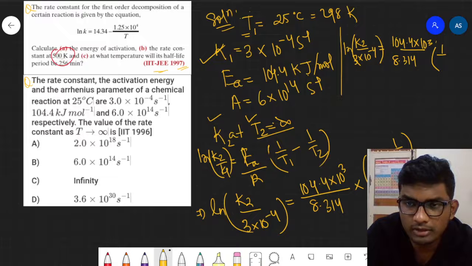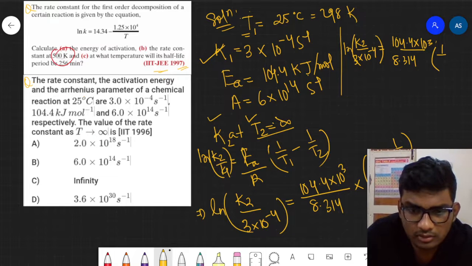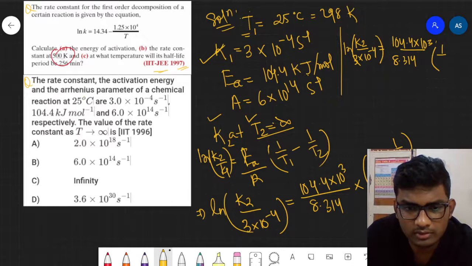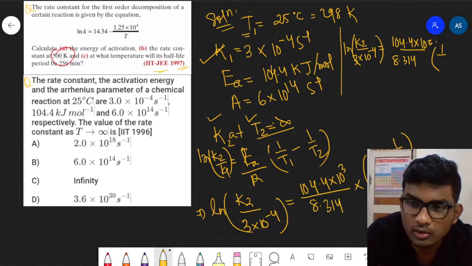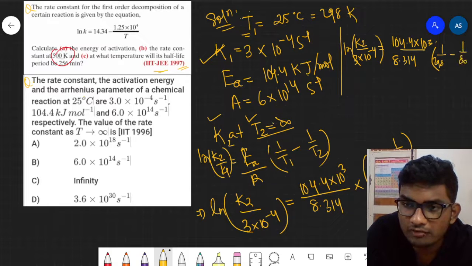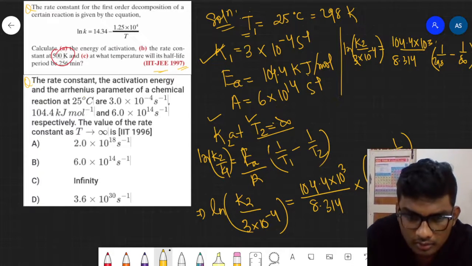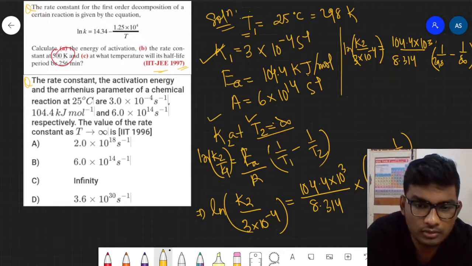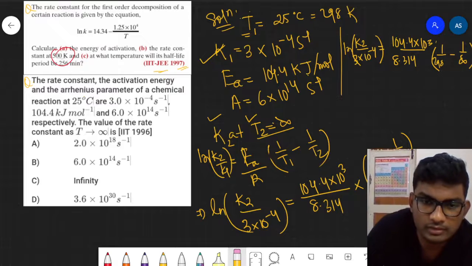So this is 1 by 298 minus 1 by infinite, because T2 is infinite. Is it showing? Yeah, almost. Let me erase a little so that I can explain.